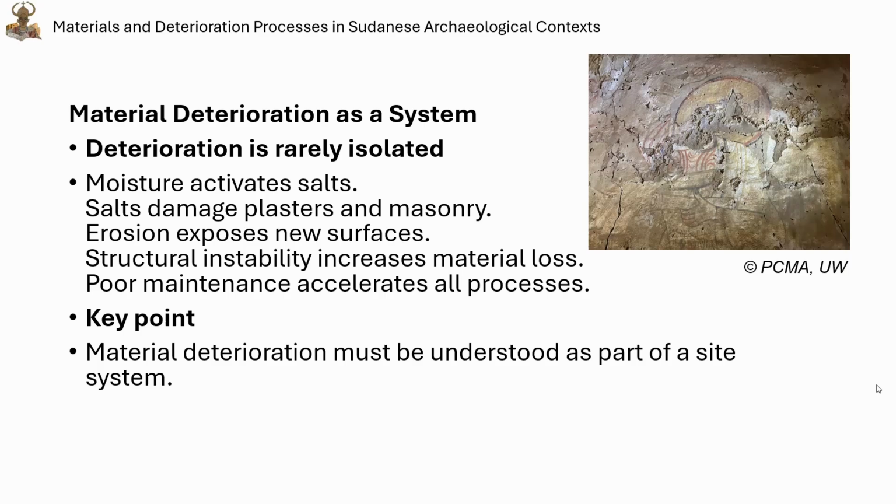Poor maintenance allows small problems to become major failures. This systemic character leads directly to preventive conservation. If deterioration is connected, then conservation must also be organized as a system.